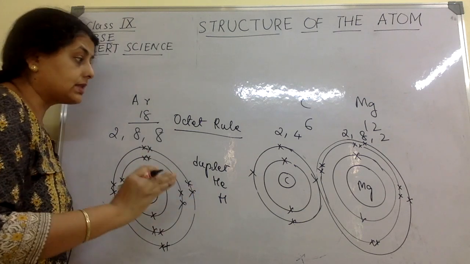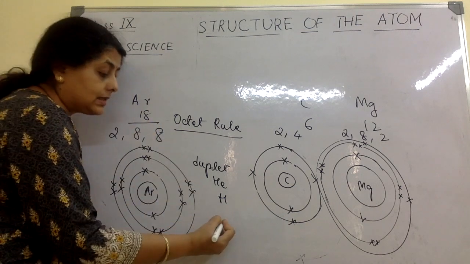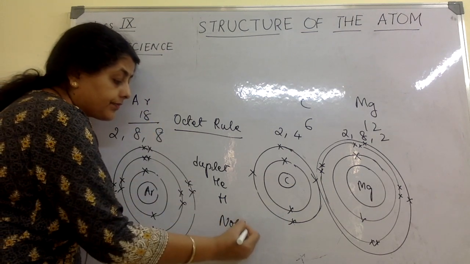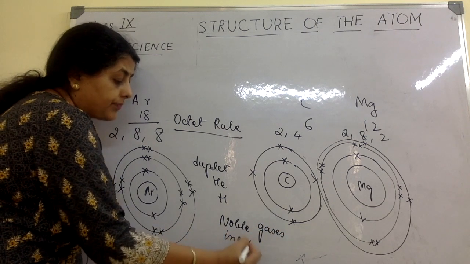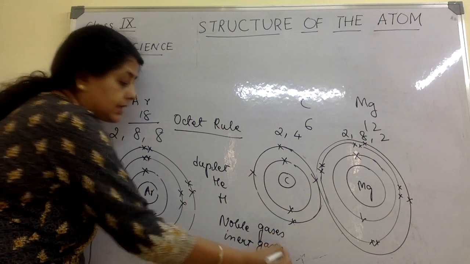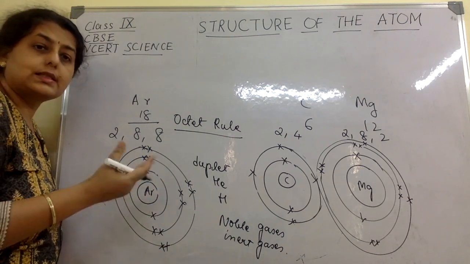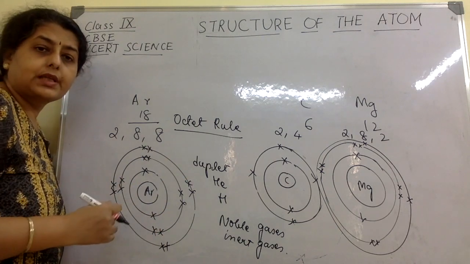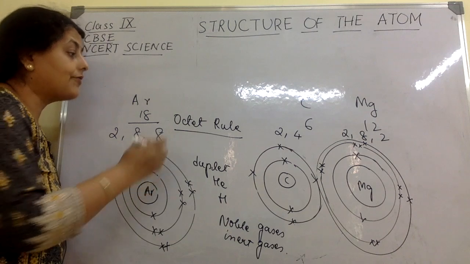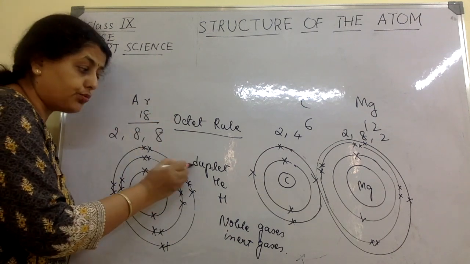The ones which have fulfilled the octet rule are called noble gases or inert gases. They are argon, neon, krypton, xenon, radon, and helium. In all these inert gases, helium has completed the duplet.